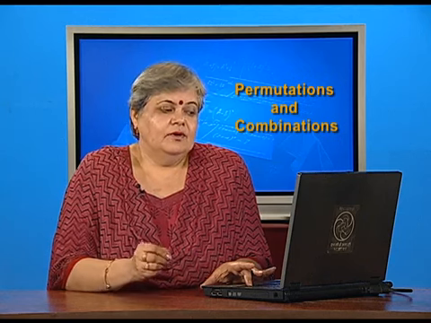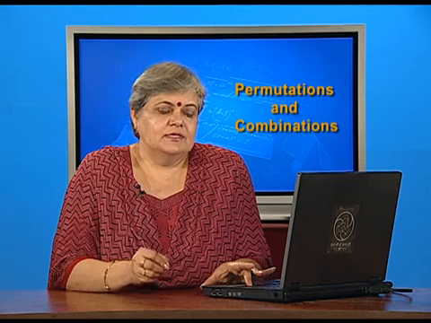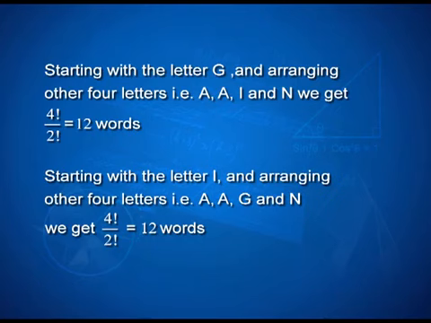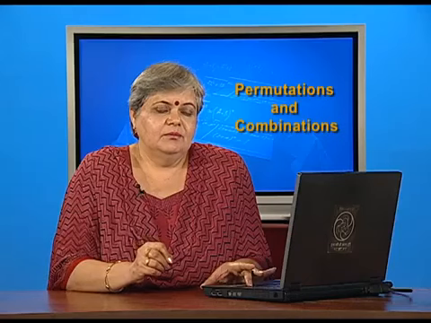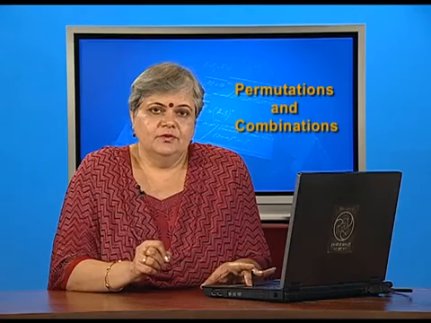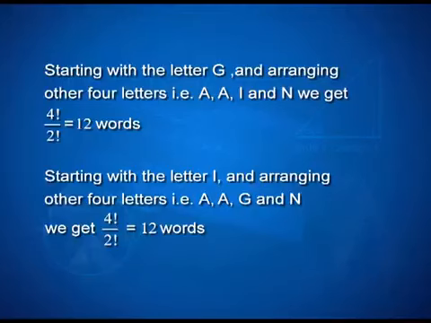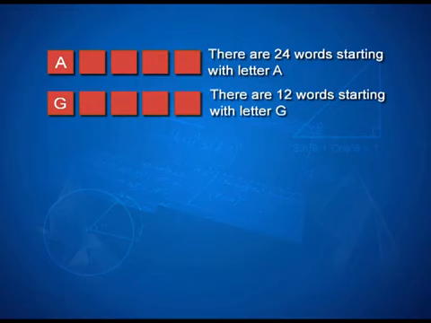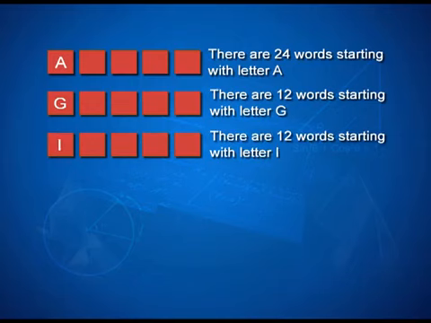So, I have 12 different words coming up with the letter G. If the first letter is I, similar to what happened with G, I have 2 A's, G and N to be arranged, which can be done again in 4 factorial by 2 factorial ways, giving rise to 12 such words. So, with A I have 24 words, starting with G I have 12 words, with I in the first place I have 12 words again.